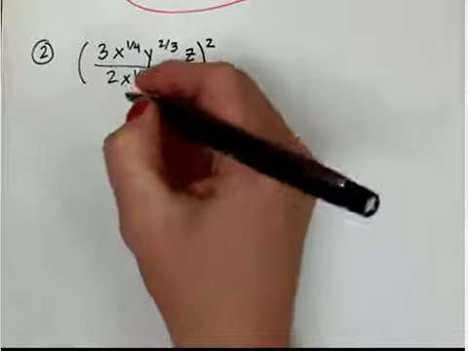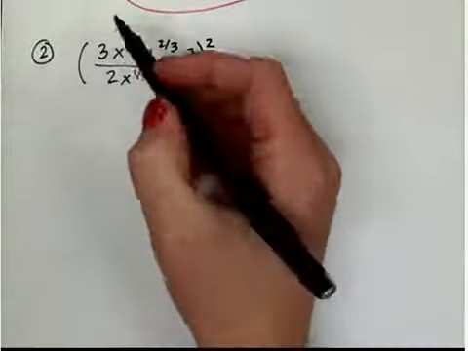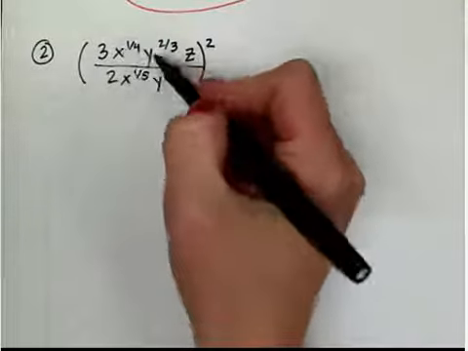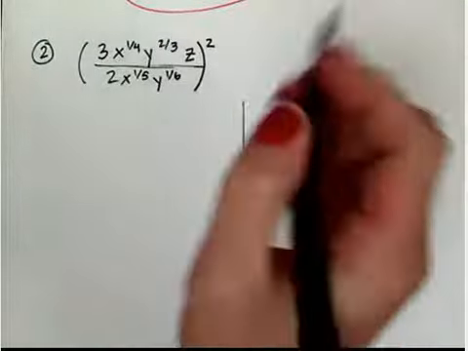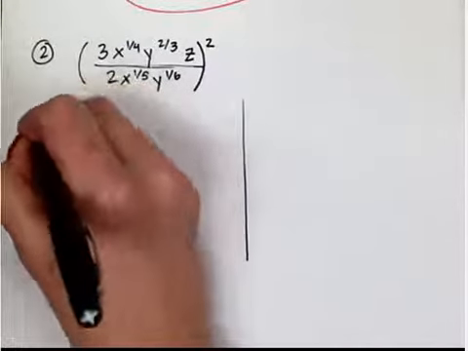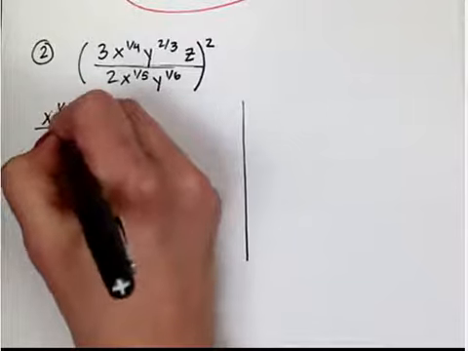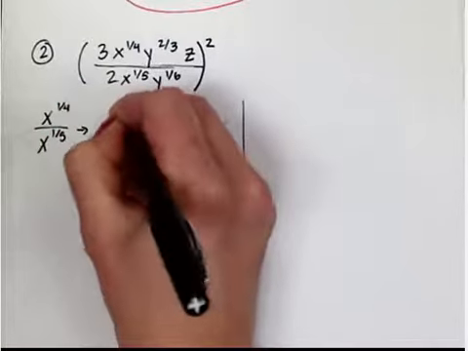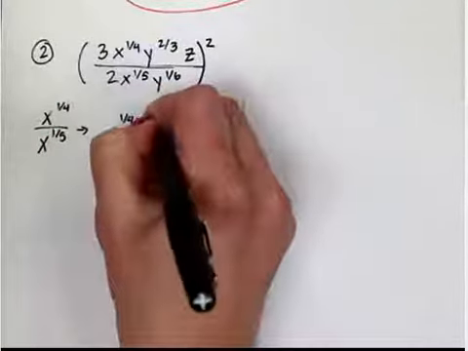Okay, let's go with the inside first. Notice that we have 2 x bases, 2 y bases, and so I'm going to combine those first. x to the 1/4 times x to the 1/5 gives us x to the 1/4 minus 1/5.